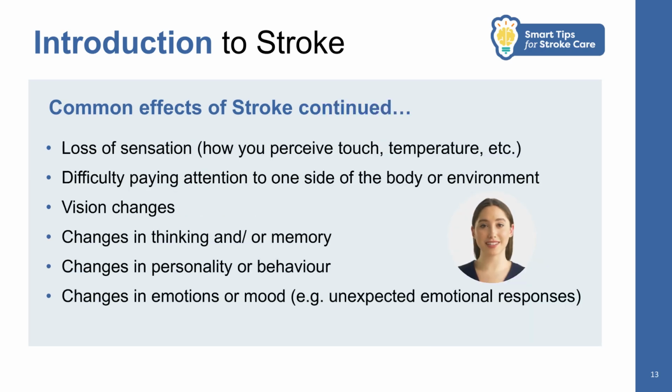Some more common effects include a loss of sensation, which includes how you perceive touch, temperature, etc., difficulty paying attention to one side of the body or environment, changes to vision, changes in thinking and/or memory, changes in personality or behavior, and changes in emotions or mood, such as unexpected emotional responses.